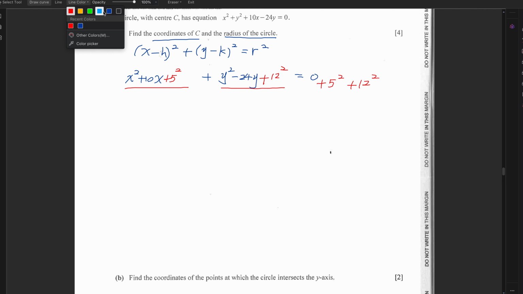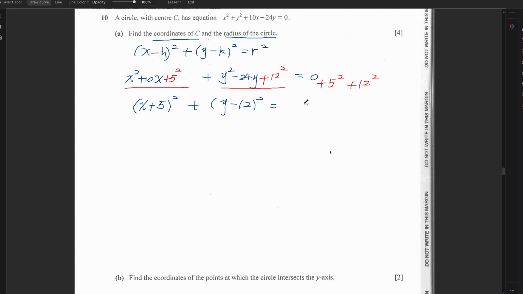And then simplify this, you get (x + 5)² + (y − 12)² equals, realize that this is 5² + 12². When we have a 5, 12, we have a 13, right?